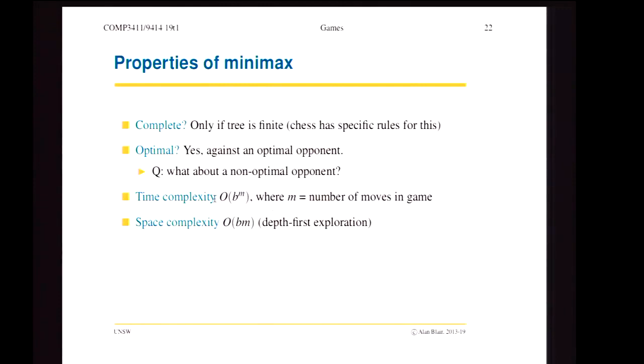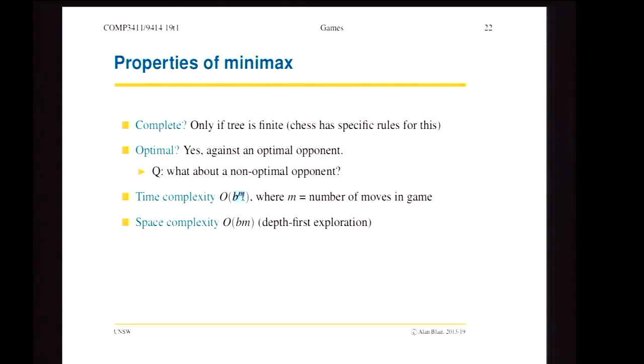Now, okay, but this time complexity is a serious issue, right? If we're playing chess, the typical branching factor in chess might be about 25, let's say, or 30. And if we want to search, say, 10 moves ahead, this is a really, really big number, this b to the m.